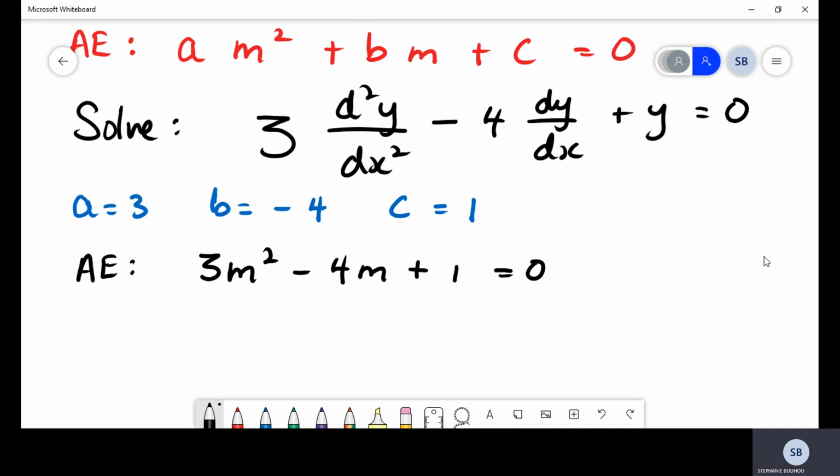Now, we can use the quadratic formula to solve this auxiliary equation, but we can also factorize and solve it by sight. I can tell that this is (3m minus 1)(m minus 1).